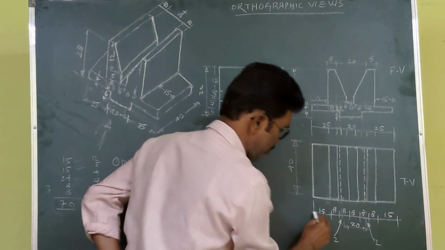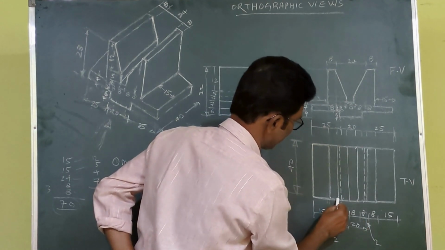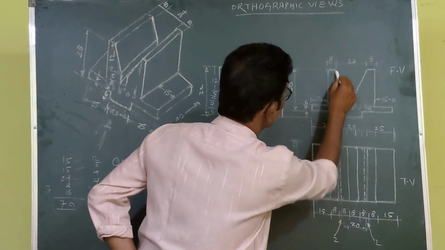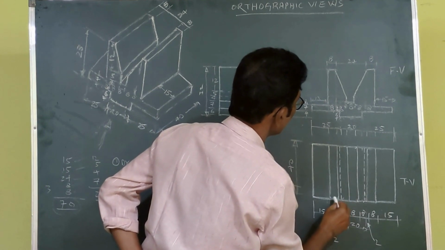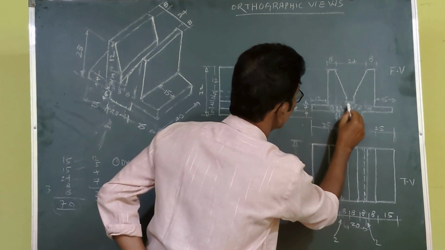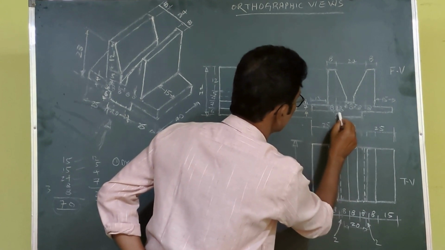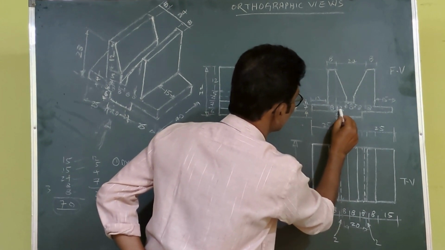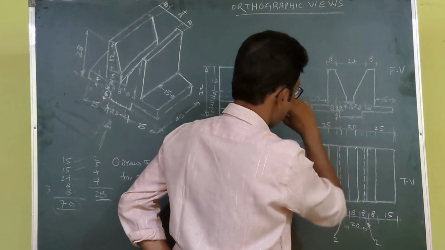You see here I have shown the dimensions: 15, from here to here 8, from here to here 8, next from here to here 8, from here to here 8, here to here 8, but there is an inner part, from here to here 2, here to here 2 mm. So how did I get that 2 mm?